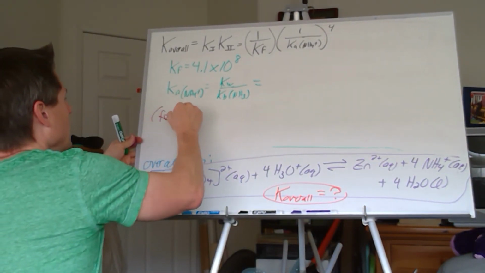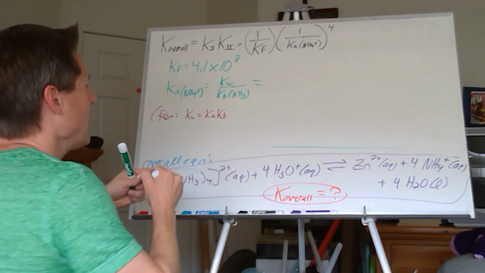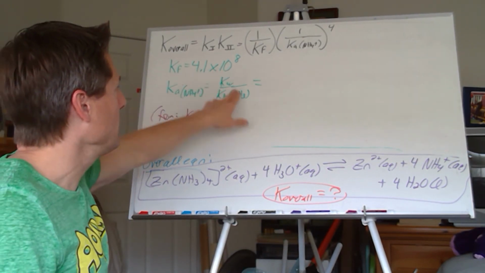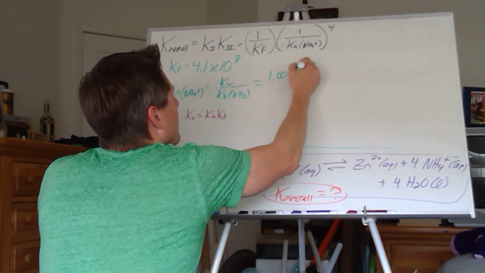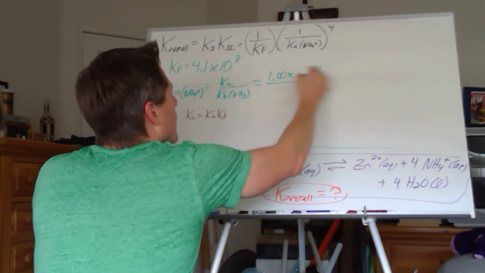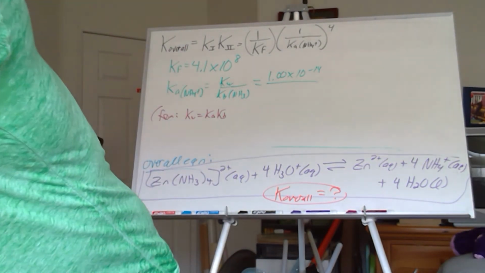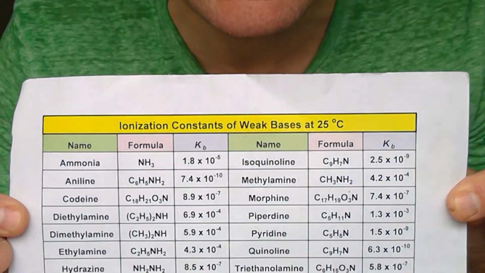So that comes from Kw is Ka times Kb, right? So the Ka for that will be the Kw over the Kb of its conjugate base. So this will be 1.00 times 10 to the minus 14th. Let's look up the Kb value for ammonia. So get your Kb table.